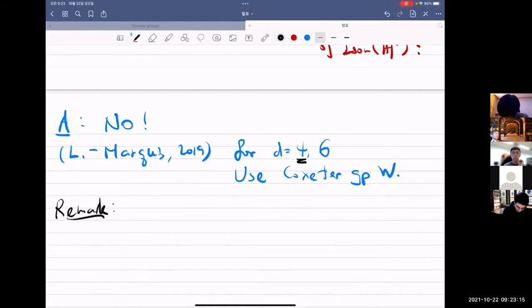is Cannon's conjecture. So Cannon's conjecture, what is that?